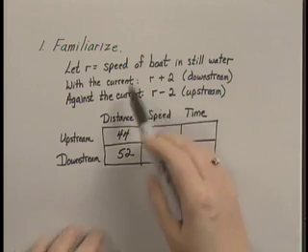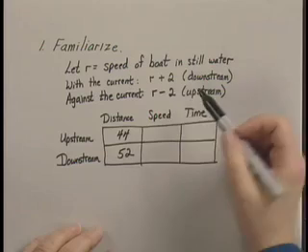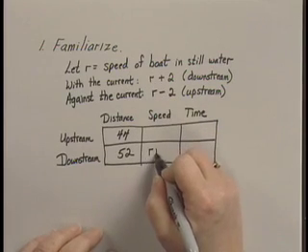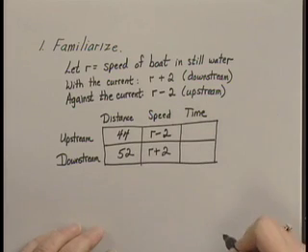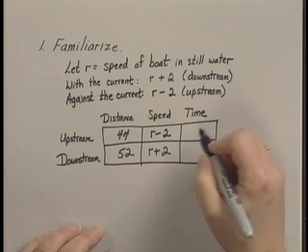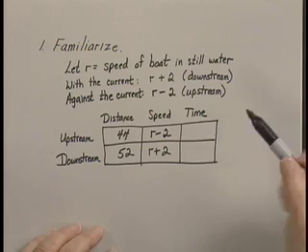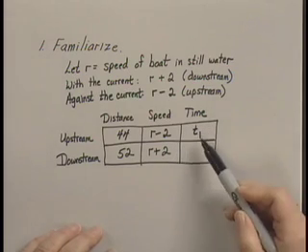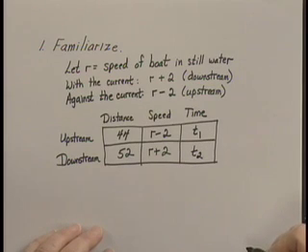Now, in my familiarize step, I've also worked out that the speed with the current downstream was r plus 2, and the speed upstream was r minus 2. I don't know the times. At this point, I'm just going to label them t, and I'm going to use some subscripts because I want to make sure they're both times. I'm going to call one t sub 1, that means time 1, and t sub 2, time 2.